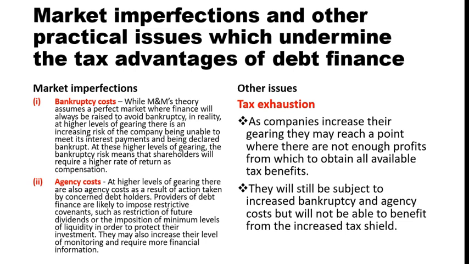For example, when M&M were proposing this theory, they were anticipating a perfect market, which says that whenever finance managers want to fund their investments, the capital was readily available and at low cost, and information asymmetry was at a minimum. Okay, but in reality, it does not work like that.